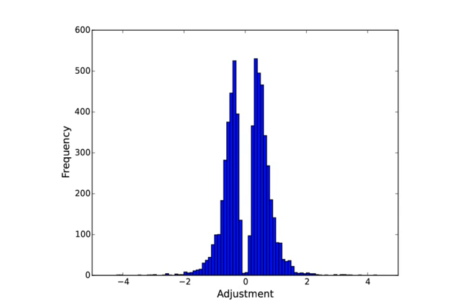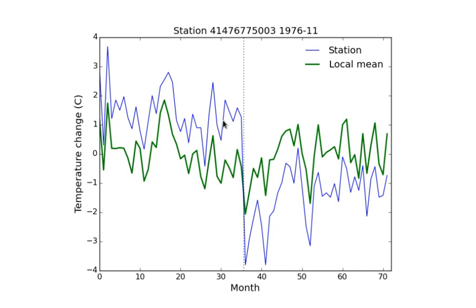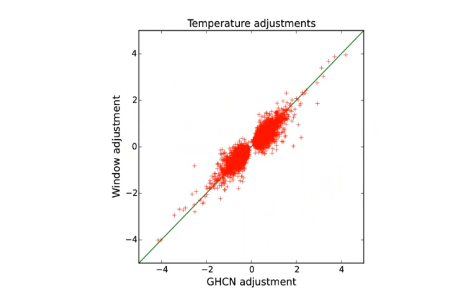The neighbor comparisons can then be used to work out how big the adjustments should be by working out the shift required to align the two halves of the station record to its neighbors. We can do this for all the GHCN adjustments and compare the shifts from the 6-year window to the shifts from the GHCN method.